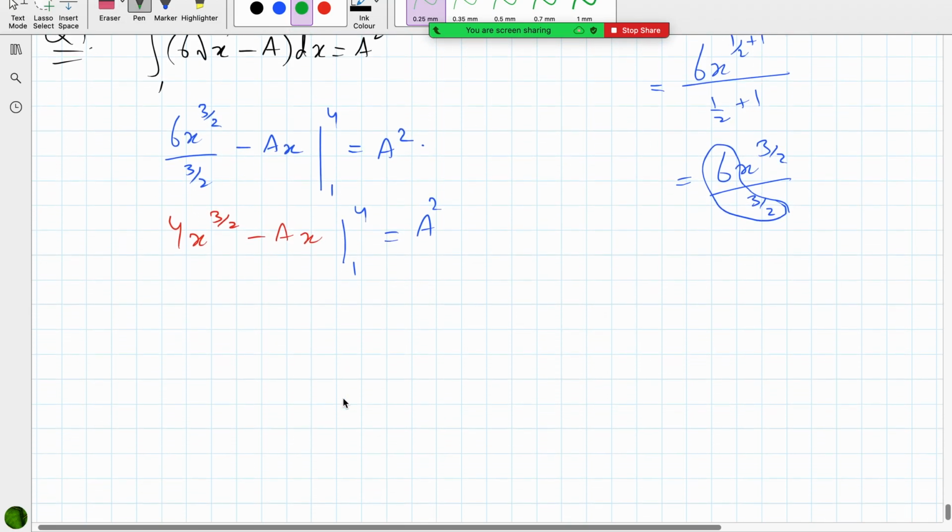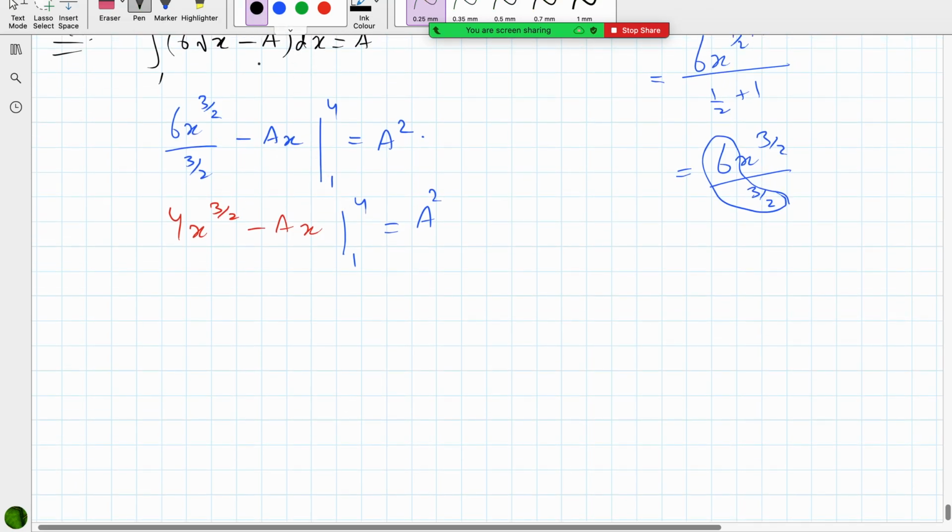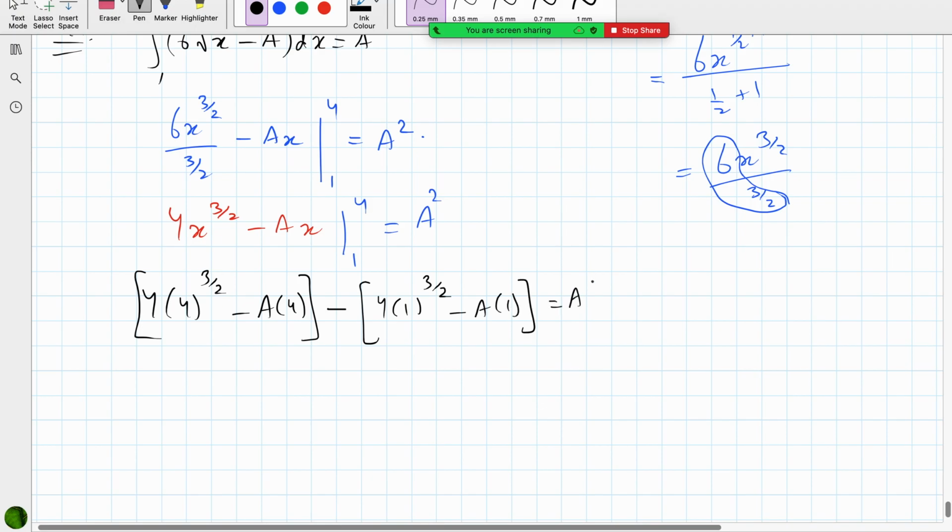Now we have upper limit and lower limit. So when we put the upper limit, we get 4 into 4 to the 3 by 2 minus a into 4. This is upper limit minus lower limit: 4 into 1 to the 3 by 2 minus a into 1 is equal to a square.